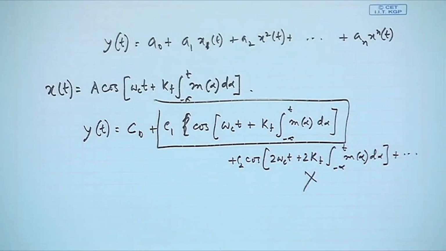So, even if I have channel nonlinearity, I do not bother about it, because FM, due to that band pass filter, automatically cancels out the effect of nonlinearity, and we get a pure FM modulated signal even after passing through a nonlinear channel. That is a very big advantage which FM has over amplitude modulated signals, because in amplitude modulation, if you square it, the m square(t) term will come out, since the message is in the amplitude.